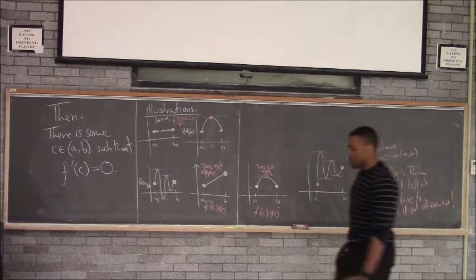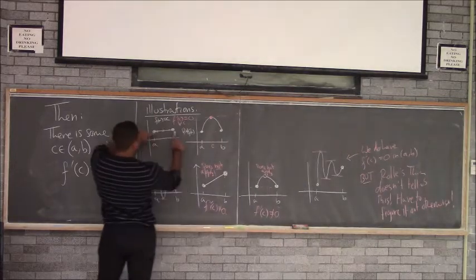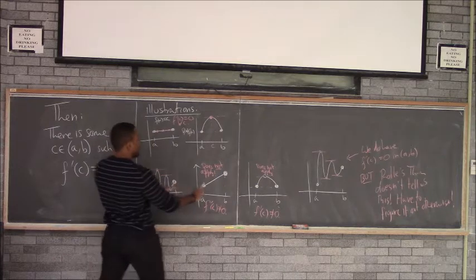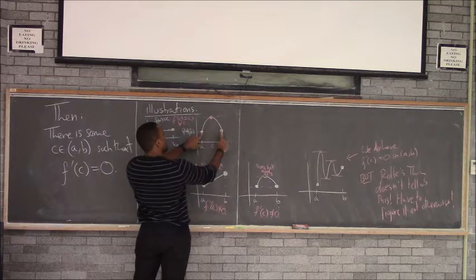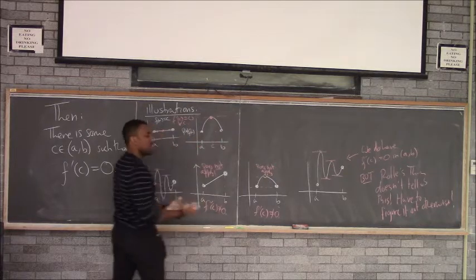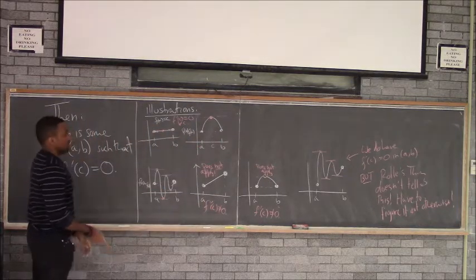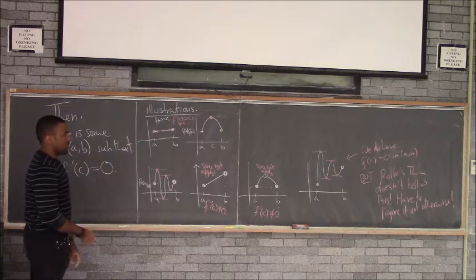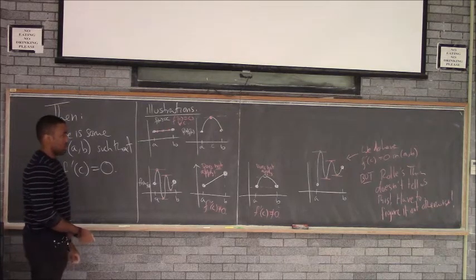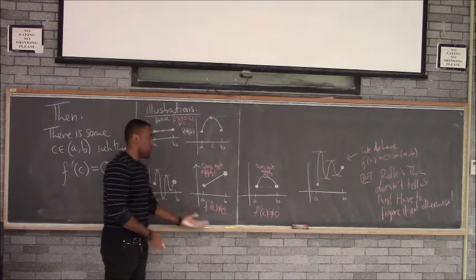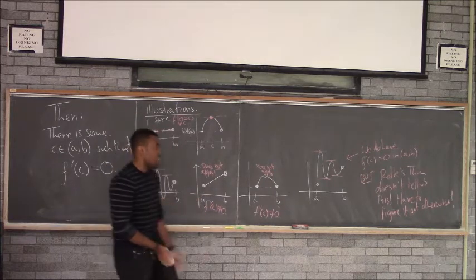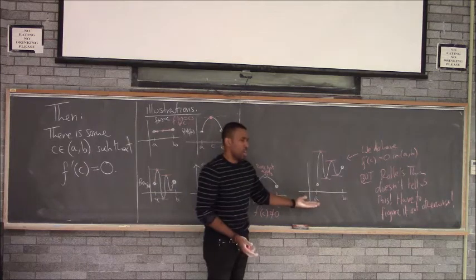So this is basically Rolle's theorem. In the event that you're continuous and differentiable and your outputs and inputs are at the same level at the endpoints, you're guaranteed there has to be a point in the interior where the derivative is 0. If you don't have that, then you might either not have a point where the derivative is 0, or you could have a point, but Rolle's theorem wouldn't allow you to see it.